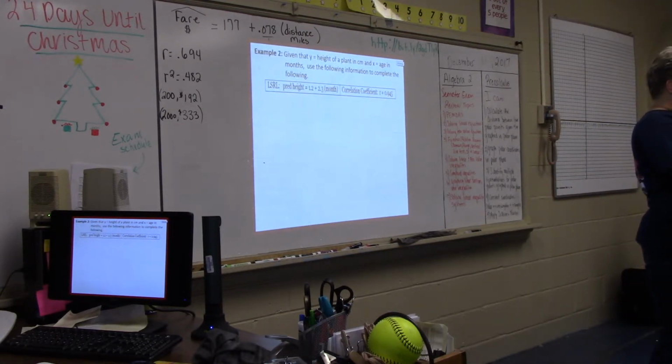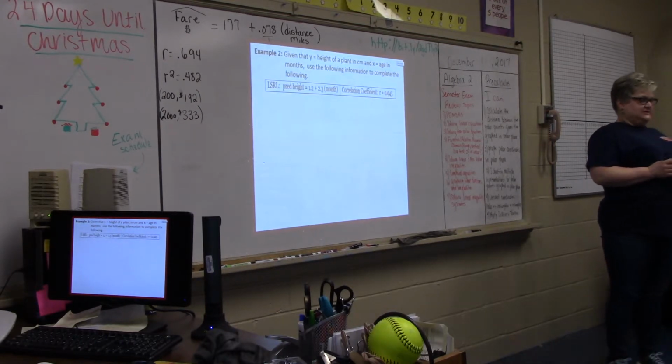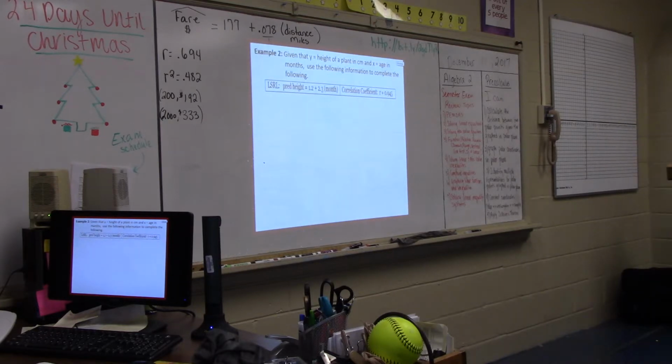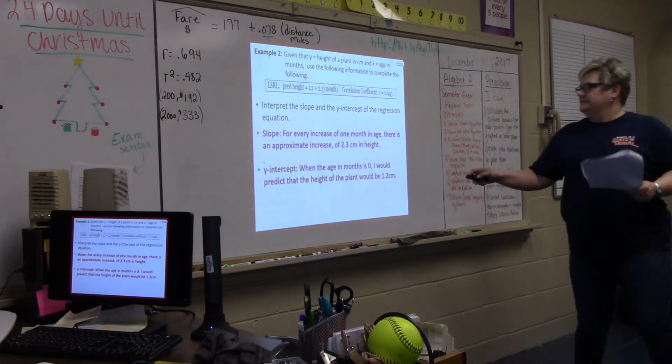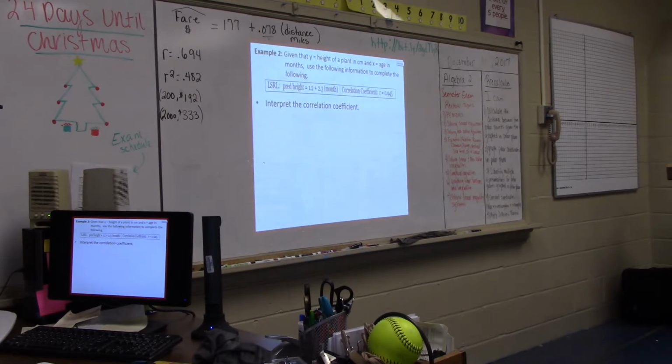All right, coefficient of determination. Who had that? Stone, you got it. Okay, all right. So first of all, what's the value of the coefficient of determination? I don't even know. That is R squared.